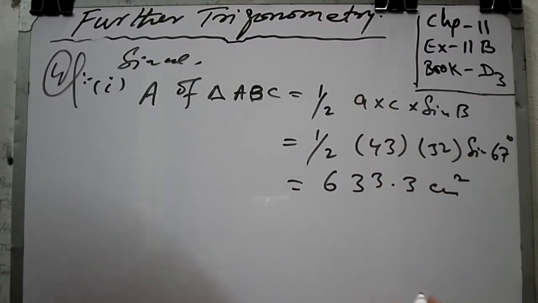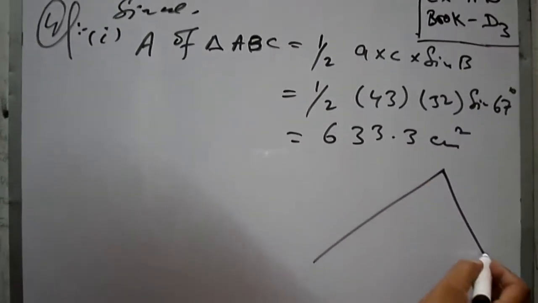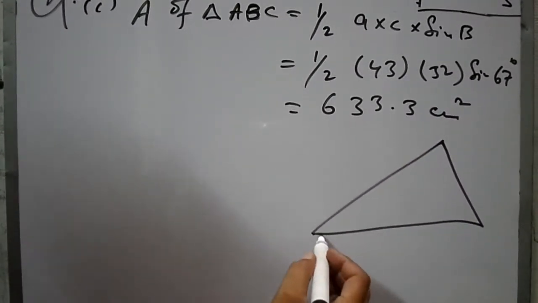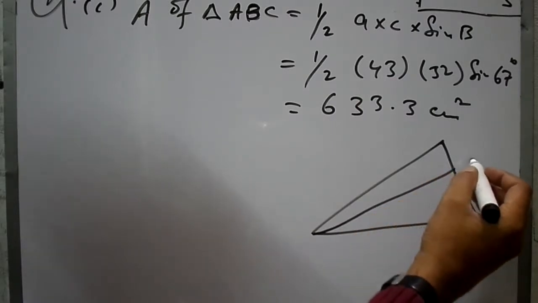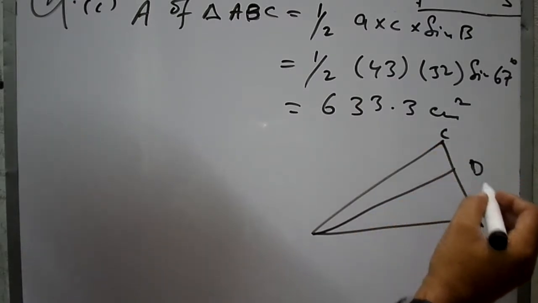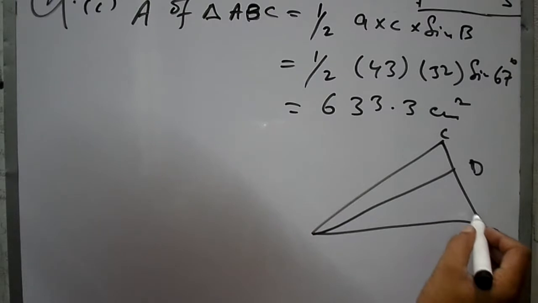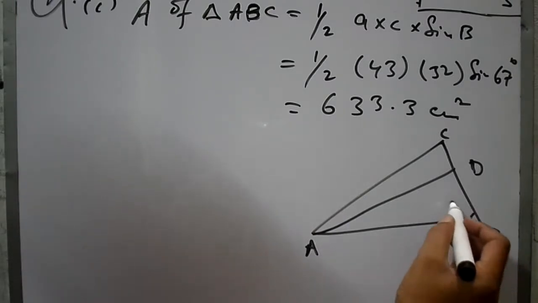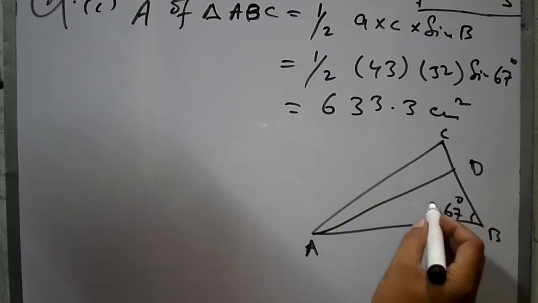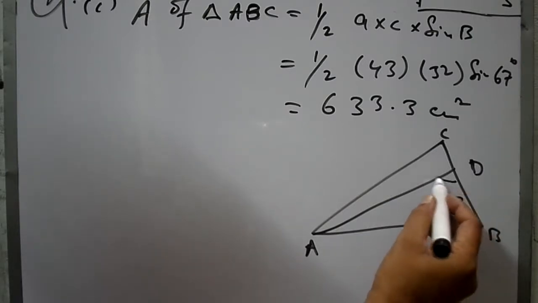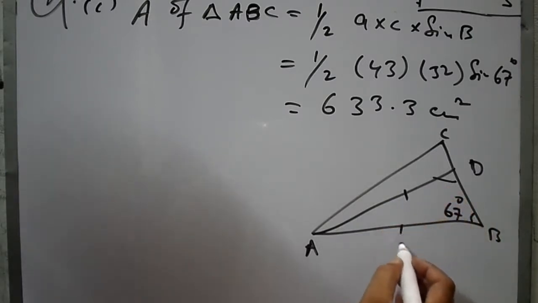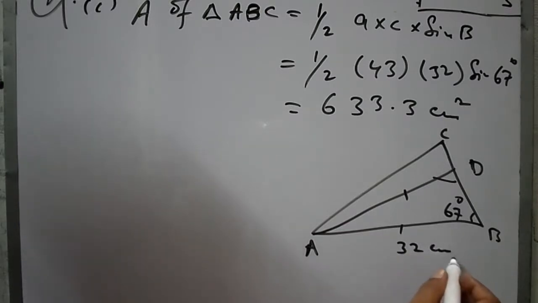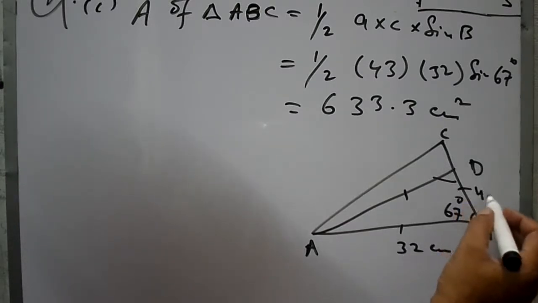How can we get the values of this? You can see the diagram by reading the given question, that is D, C, B, A, that is your 67 degree, and this side and this side is 32 centimeter, and that is your 43 centimeters.